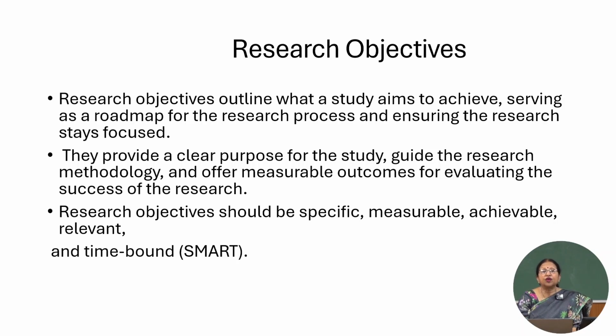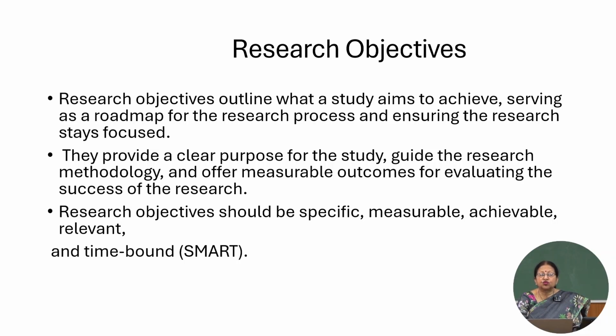For this, one has to have very clear-cut research objectives. Research objectives outline what a study aims to achieve, serving as a roadmap for the research process and ensuring the research stays focused. They provide a clear purpose for the study, guide the research methodology, and offer measurable outcomes for evaluating the success of the research.